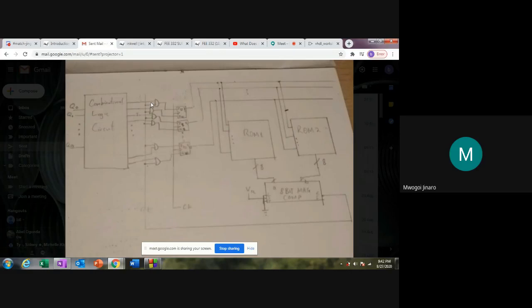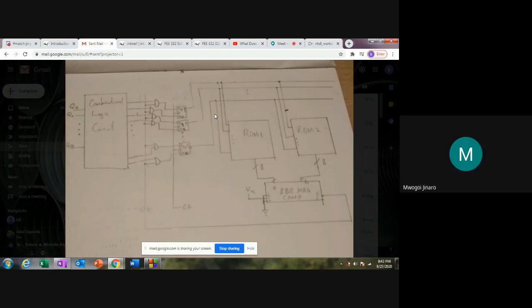So the flip-flops are just supposed to go to those 2 addresses because that's what we're changing to get different addresses for the ROM. If you put your flip-flops for everything, you'll be changing the data which you're inputting. But we don't want to change the data, we just want to change the addresses.